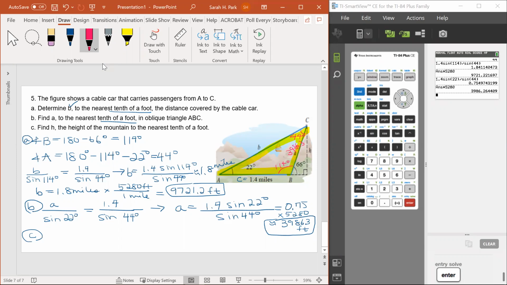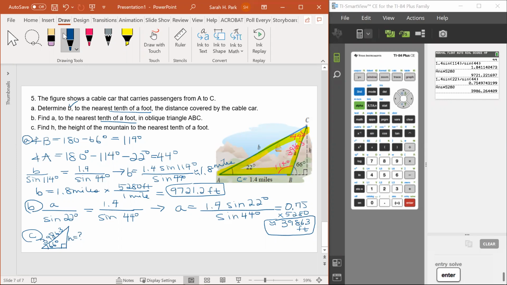We're given 66 degrees and we're trying to find the opposite, but we know the hypotenuse. So if I were to draw that triangle separately here, the right triangle with H, we know this is a right triangle. This is 66 degrees. And the hypotenuse, the side that we just found, is equal to 3,986.3. Okay, so what relates opposite and hypotenuse?